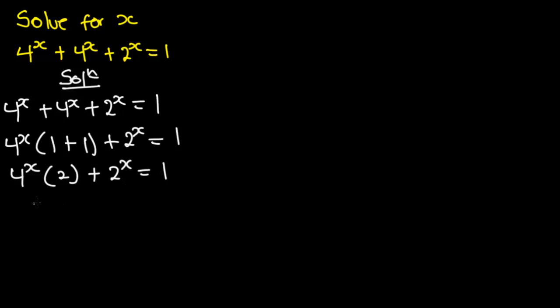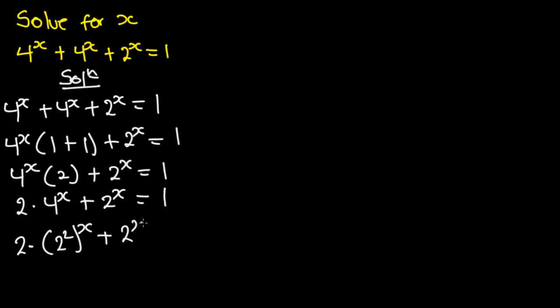Now you can rewrite this as 2 multiplying 4 to the power x, plus 2 to the power x is equal to 1. Here you can write 4 as 2 to the power 2, all exponent x, plus 2 to the power x is equal to 1. Now we are going to use the interchange rule.